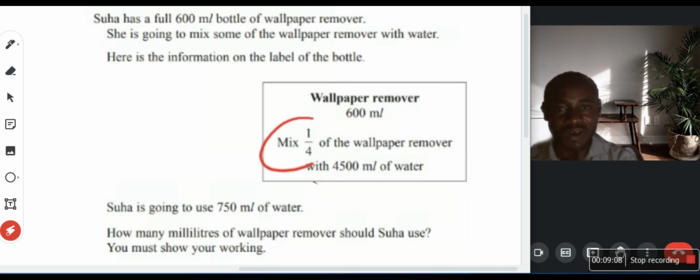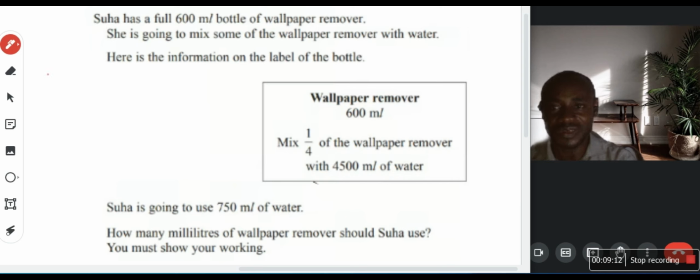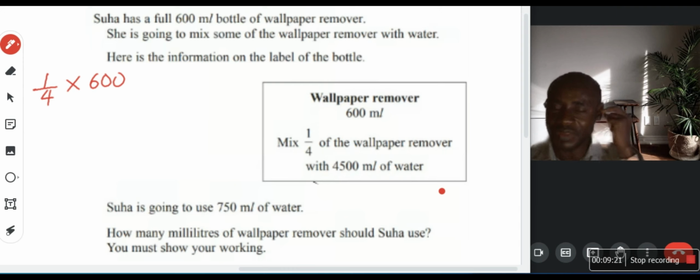So 1/4 of 600 milliliter will be what? 1/4 of means times 600, and 1/4 times 600 will give us 150.